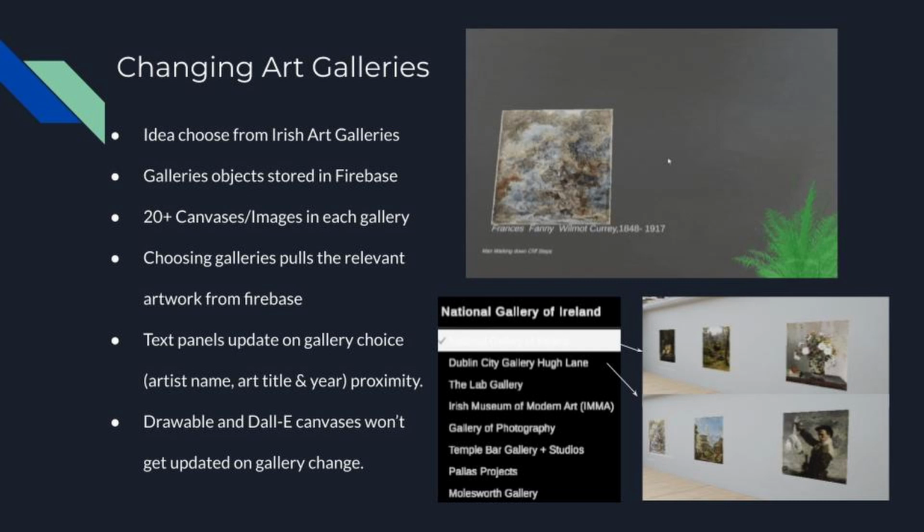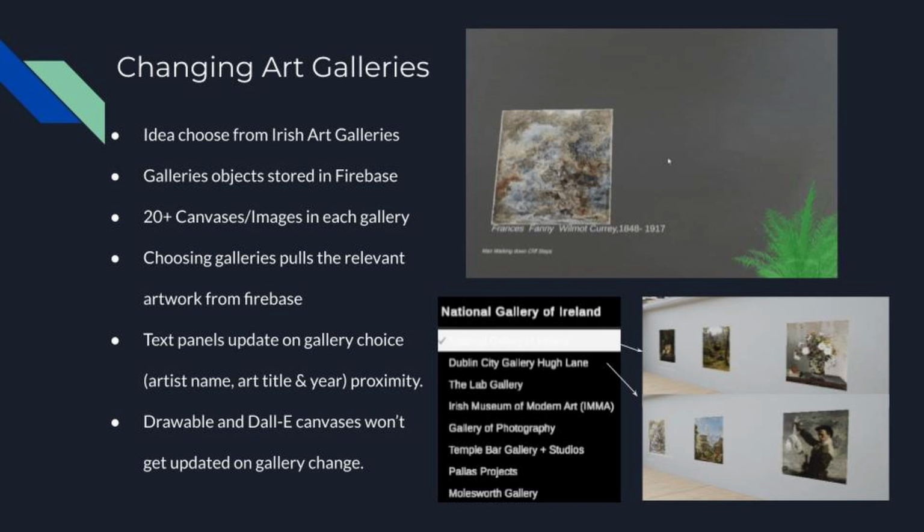So what we do is, when you choose the gallery you want, we pull down the list of names from the real-time database, and then we go and find each image in that list of names in our Firebase storage. So we pull every image that's in that list of image names and apply them each to a canvas.